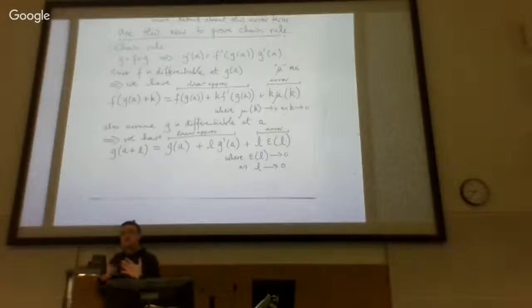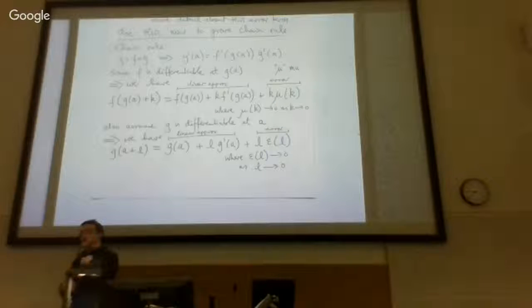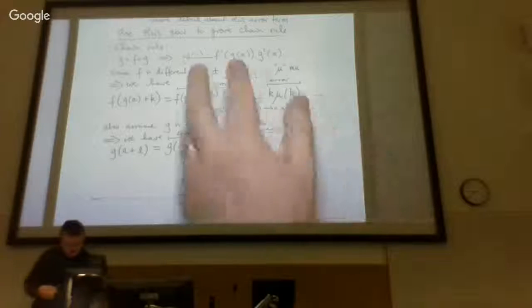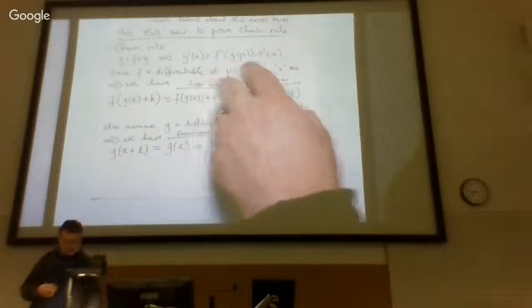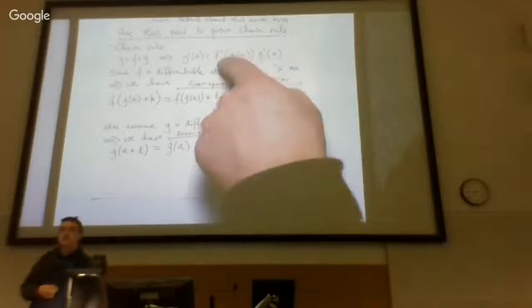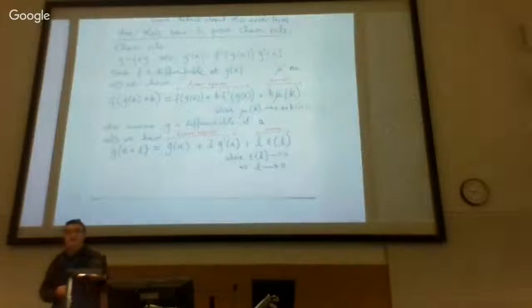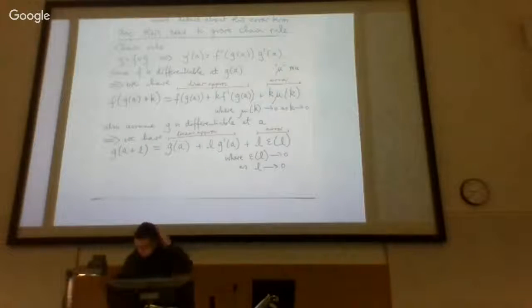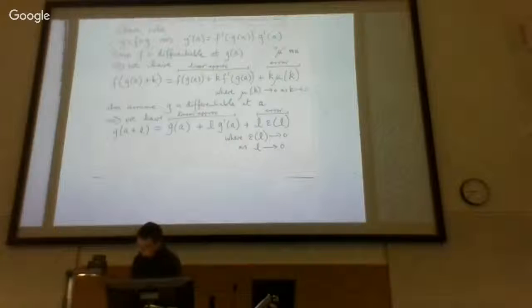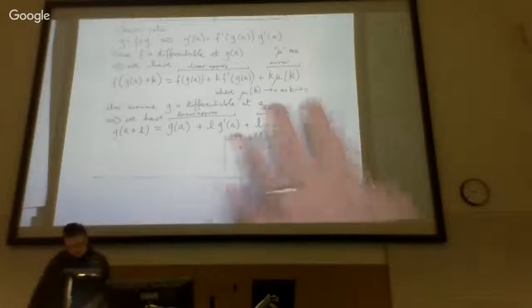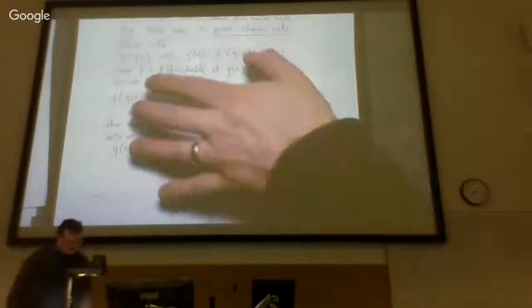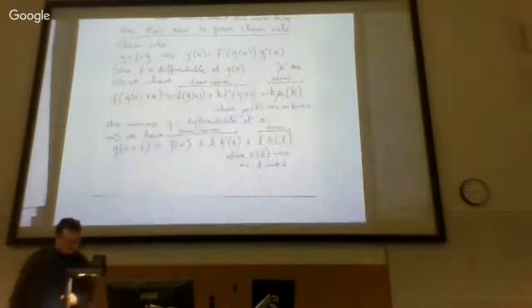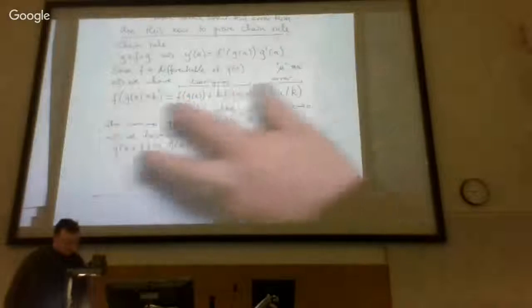In that way, we'll have proved that the composition y is differentiable, and we'll discover that this is indeed the correct number to use for the derivative of y at the point a. So the reason different letters have come in here is because I'm assuming my f and g are differentiable, and I want to use fresh notation for each.